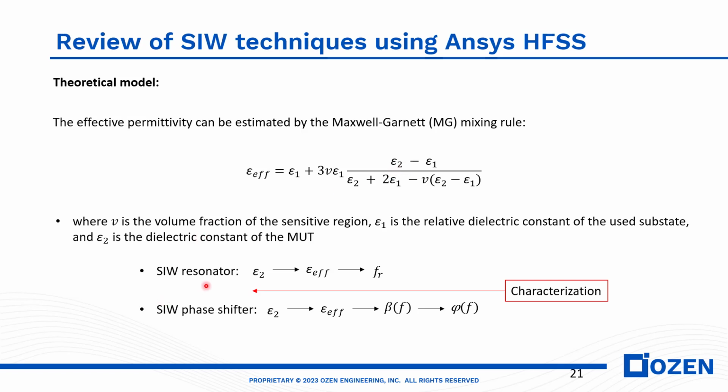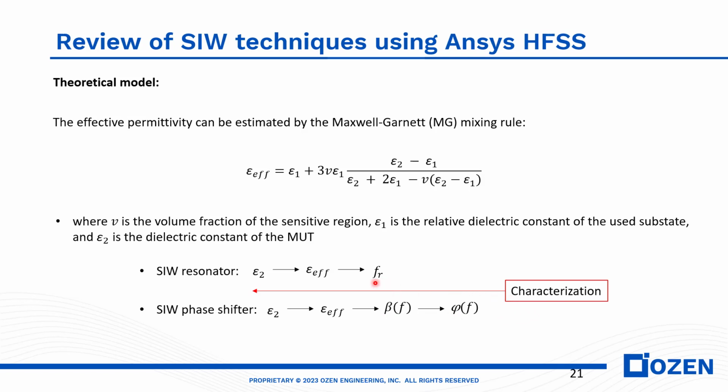In the case of the resonator, when we inject a material, we change the effective dielectric constant, and that changes the frequency. For the phase shifter, when we inject something, that changes the effective dielectric constant, which changes the phase constant, and that changes the phase. When we talk about characterization or material measurement, we go the opposite way.